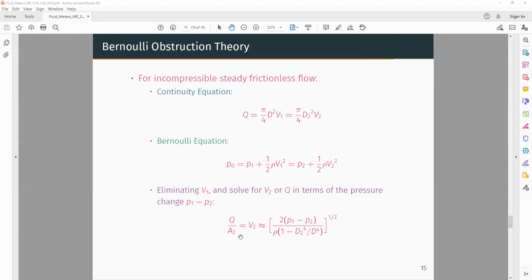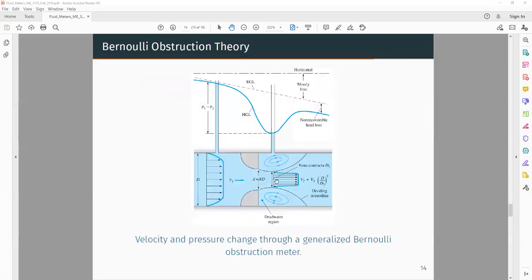And we can have flow rate Q by multiplying this velocity V2 with the cross-sectional area A2. But there are two major problems here. One is that the fluid is not frictionless, and another is that we cannot actually calculate the value of D2, which is the vena contracta.